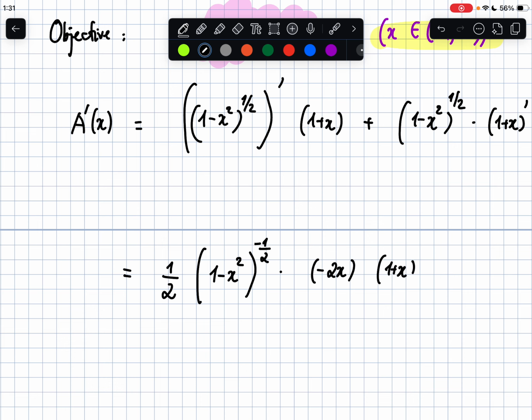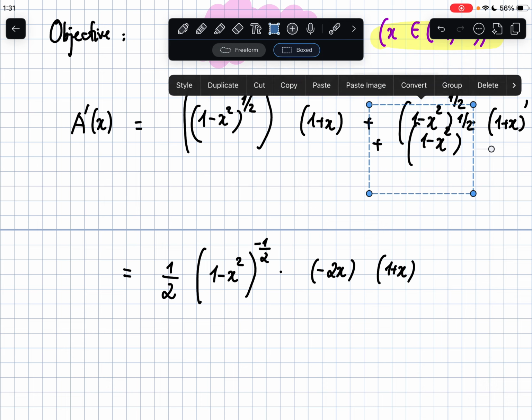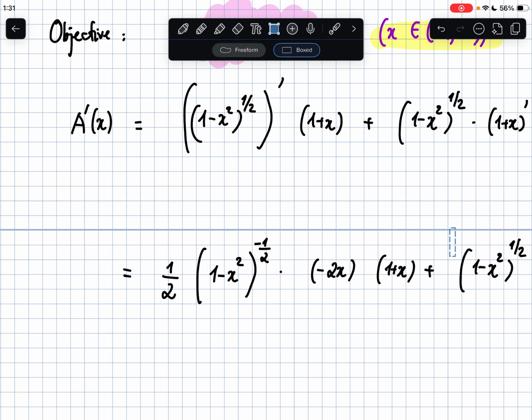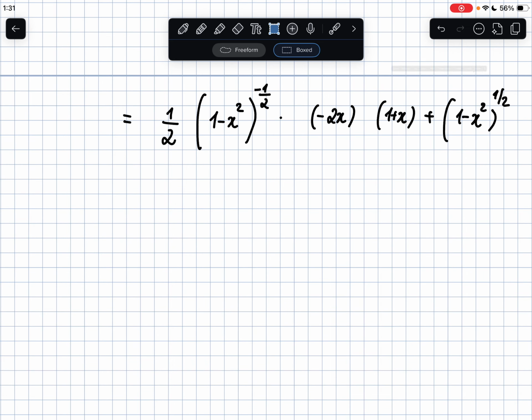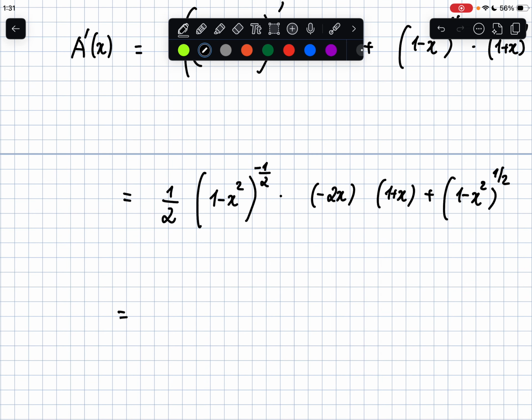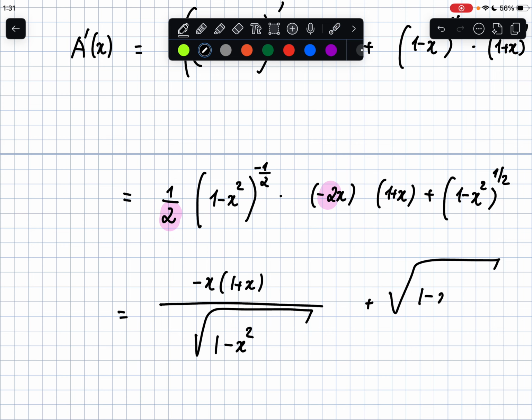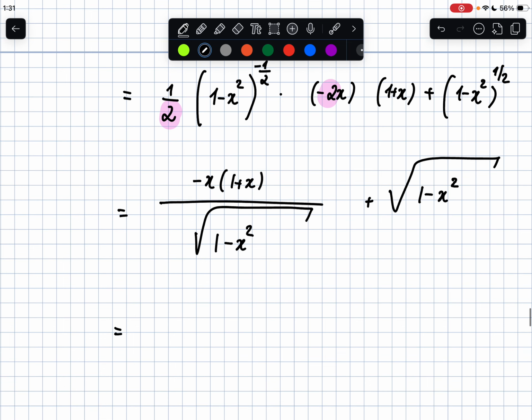That is for the first one. Second one, we have the square root of 1 minus x squared, because 1 plus x prime is 1. Now A prime is this, so the 2 and 2 cancel out. Minus x times 1 plus x over the square root of 1 minus x squared, because it's negative here. Then plus the square root of 1 minus x squared. Common denominators.